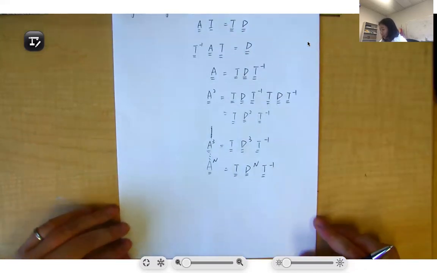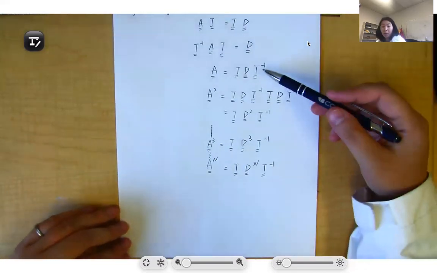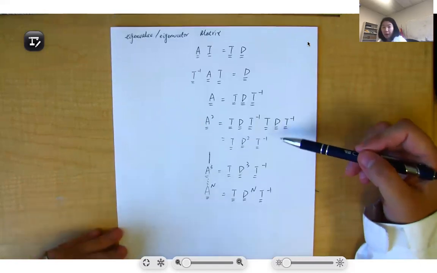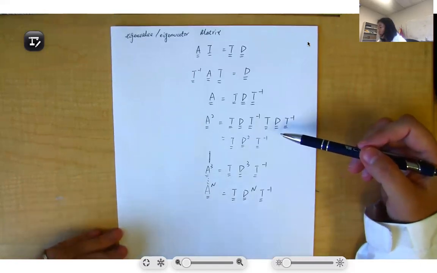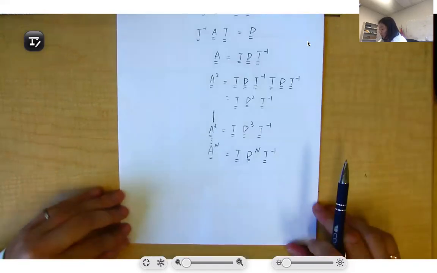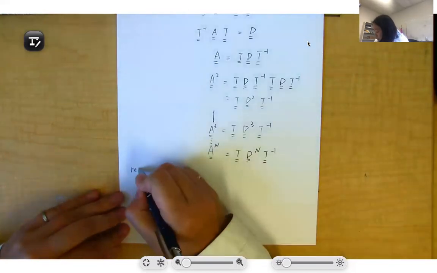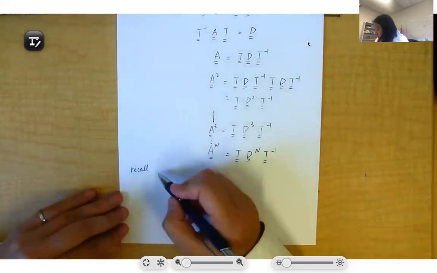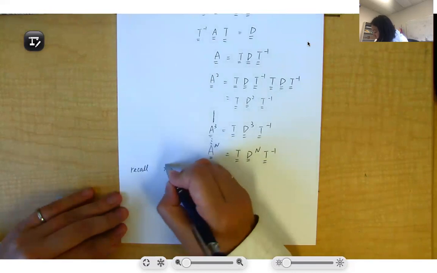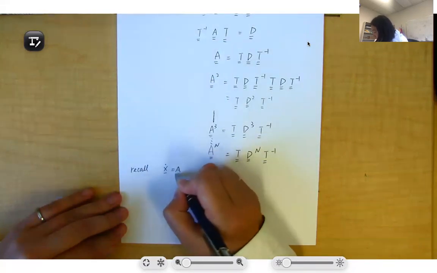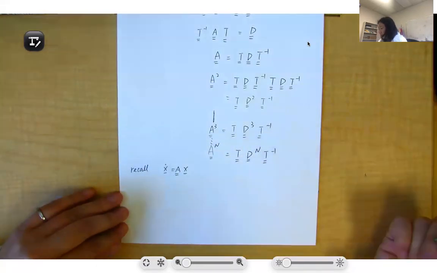That is it. You just do some simple multiplications on the eigenvalue and eigenvector matrices format. And recall our previous dynamic system, x dot equals A times x, right?